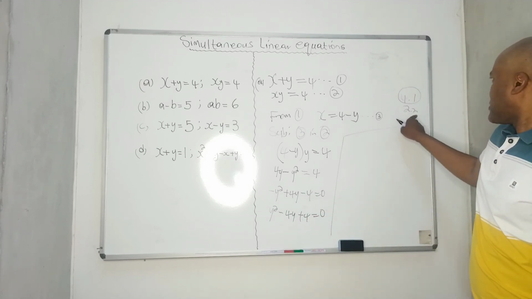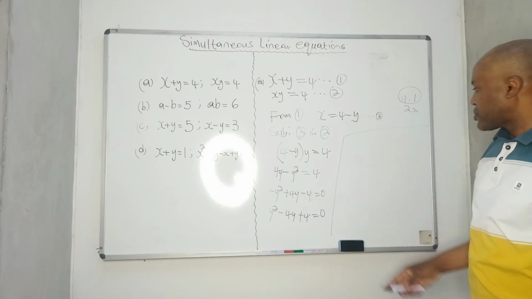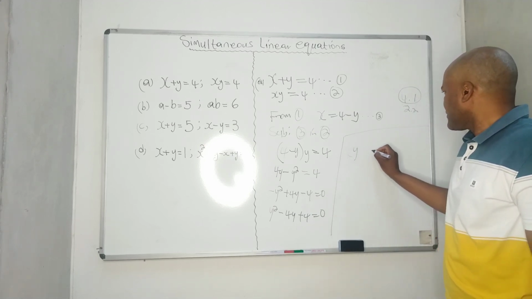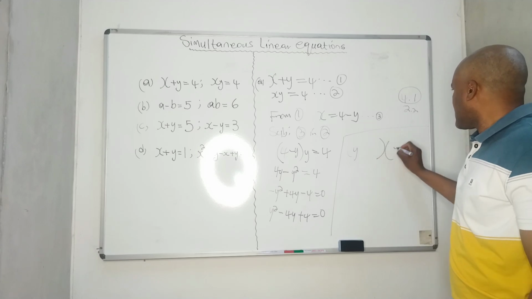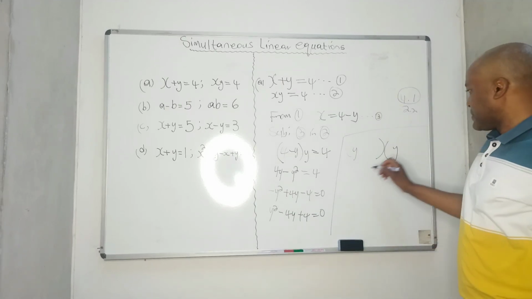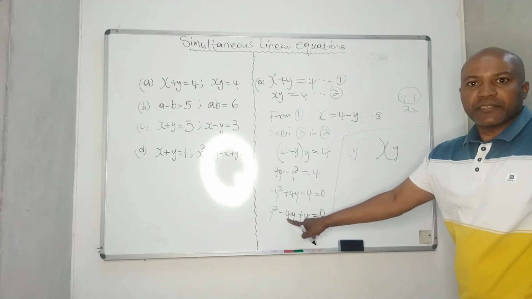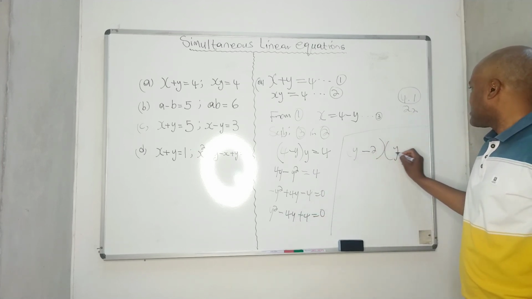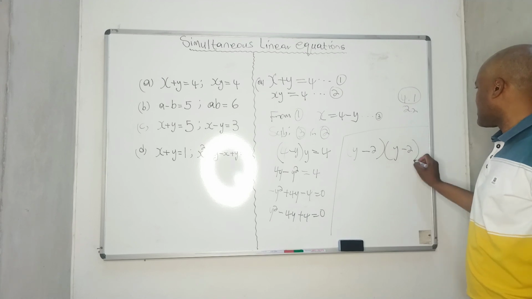So we're going to take those ones, 2 and 2, which is, okay, y and y, y squared, right? So the middle term has got a negative, right? So it means you're going to have -2, -2.